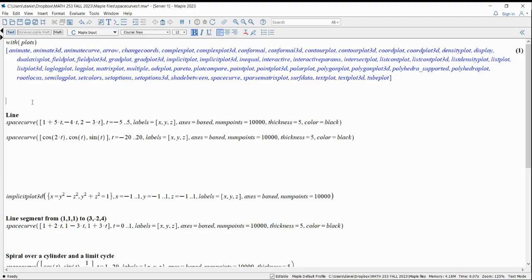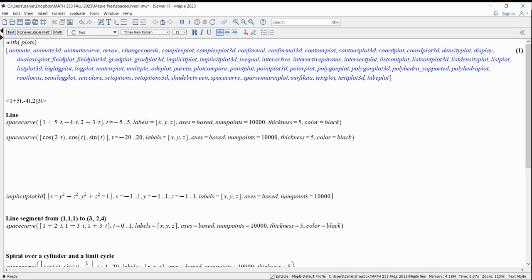The only difference is that the notation here for the component form of a vector is not like in the book with less than and greater than as the markers left and right, but just straight brackets. That's how Maple understands that it's a vector. So on paper, of course, you would write it as 1 plus 5t, comma, minus 4t, comma, 2 minus 3t.